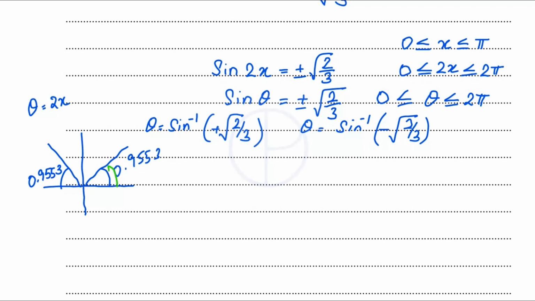So this will be one solution and this is another solution. So the solutions are 0.9553 and the next solution is pi minus 0.9553, which is 2.186.